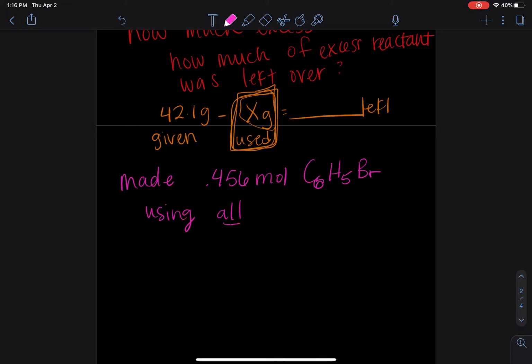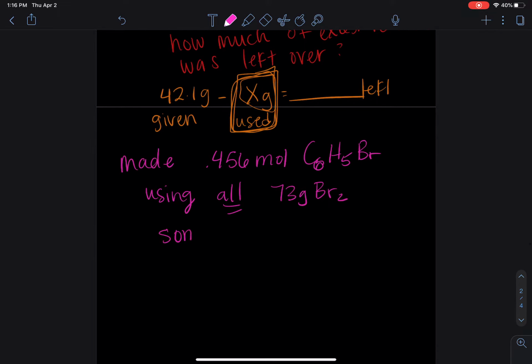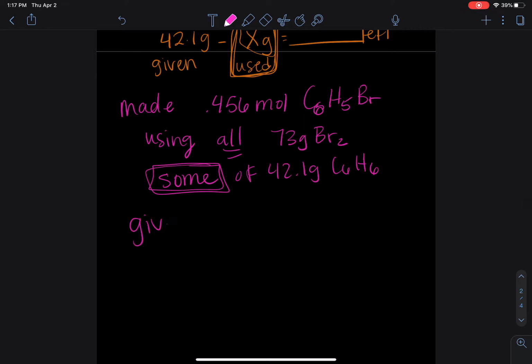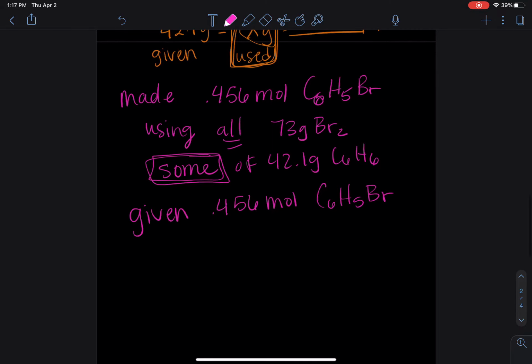We used all 73 grams of bromine, and we used some of the 42.1 grams of C6H6. Well, I want to know how much of that we used. So we are basically setting up a new problem. We're going to say our given is 0.456 moles of C6H5Br, okay? Because that's how much we made. So we made this and we used some of the C6H6 to do it. So this is our given.